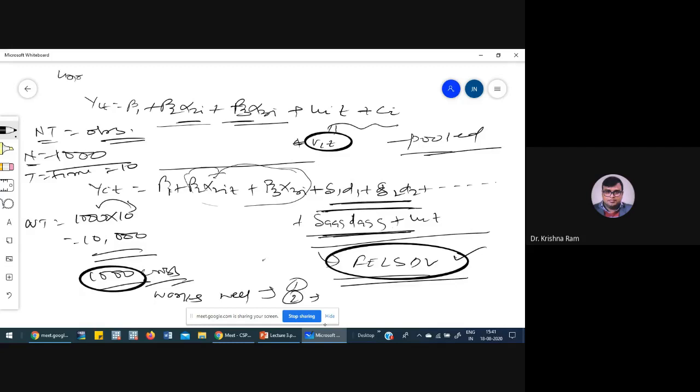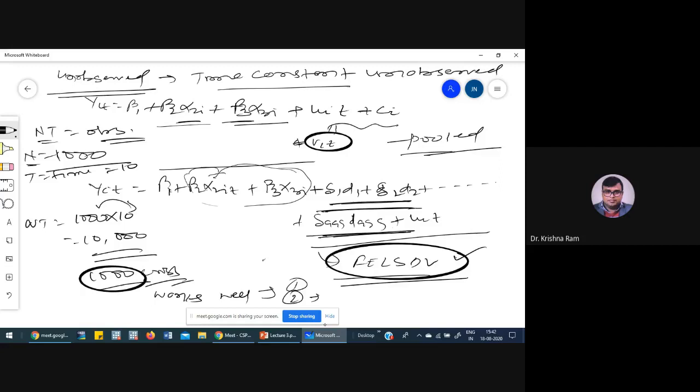And when we read more about that cross-sectional heterogeneity, we can see that we are talking about time-constant unobserved heterogeneity. That means that the unobserved heterogeneity is time invariant, it is not changing over a period of time, and it belongs to the cross-sectional unit.